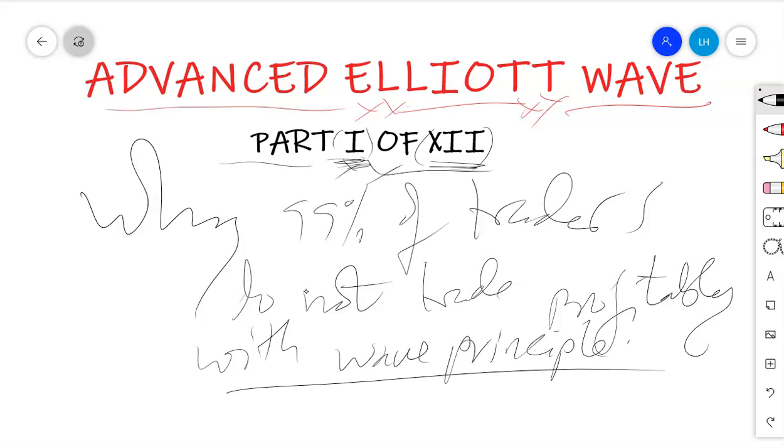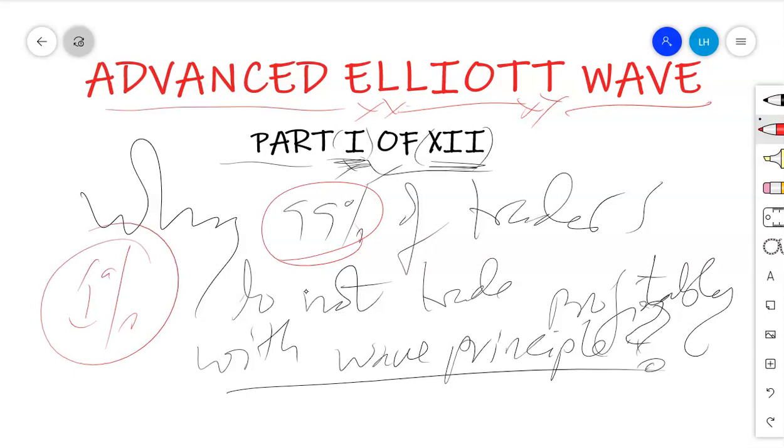This is the question that most traders ask, whether they trade with the wave principle or not. But mainly, it is observed that 99% of traders who use the wave principle do not trade profitably. Those who trade profitably are just 1%. So if you want to be in the 1%, it is about trading profitably with the wave principle. Through this course, I will answer the question of why most traders do not trade profitably with the wave principle.